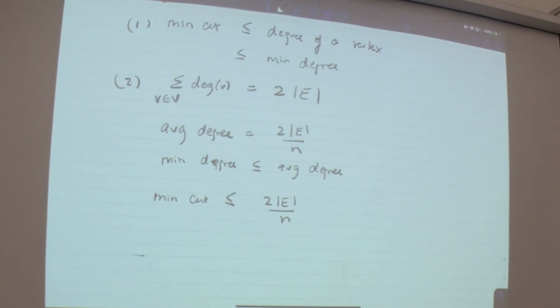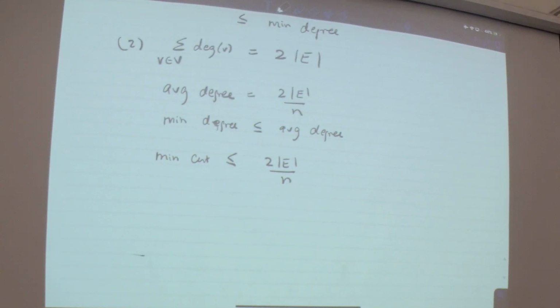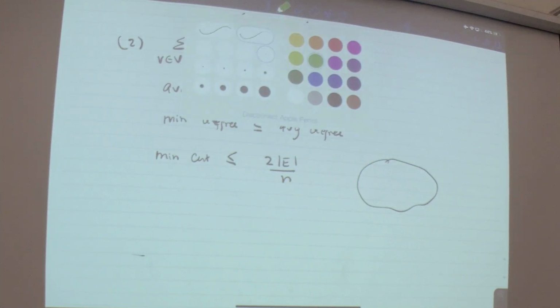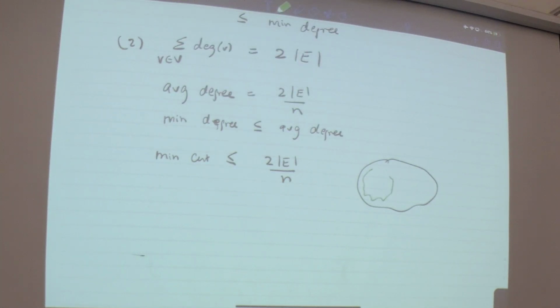What does this mean about the probability of the first edge being picked being in the min cut? Imagine this picture: we have the collection of all edges in a bag, and there's some subset, which is the min cut.